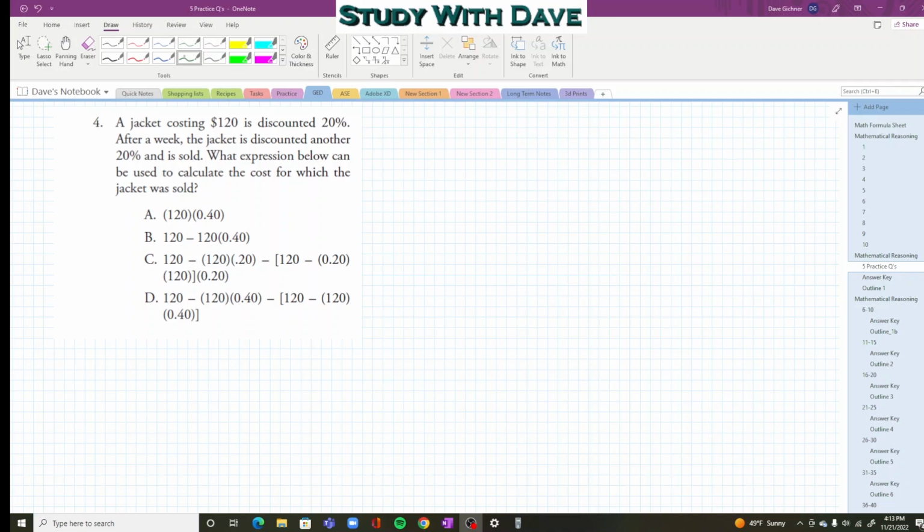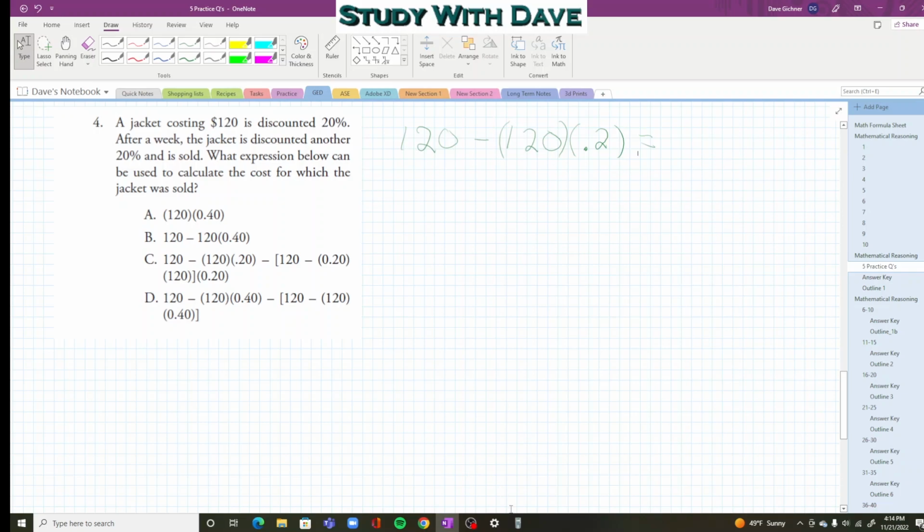First, we're going to do 120 minus the savings at 20%, which is going to be 120 times 0.2, because you remember, if you want to find the percentage, you got to move the decimal over by 2 places. So if it was 1%, you would multiply by 0.01. Since it's 20%, we move it over 2, and you multiply by 0.2. So 120 times 0.2, and what does that equal?